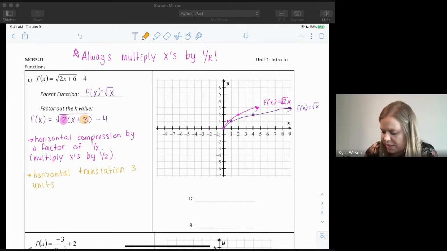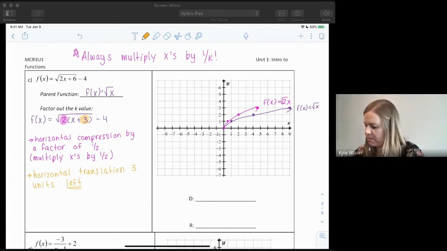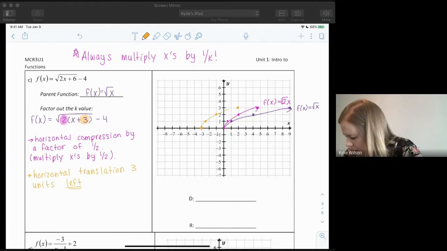And because it's positive, we're moving to the left. So we're going to take all of our pink dots and move them 3 to the left. And I'm just going to label it.